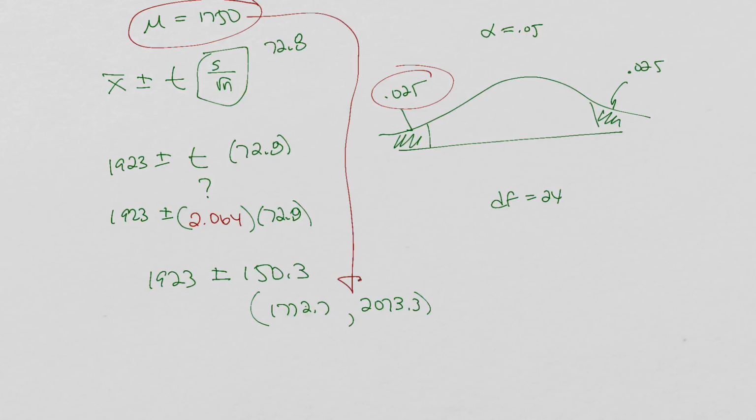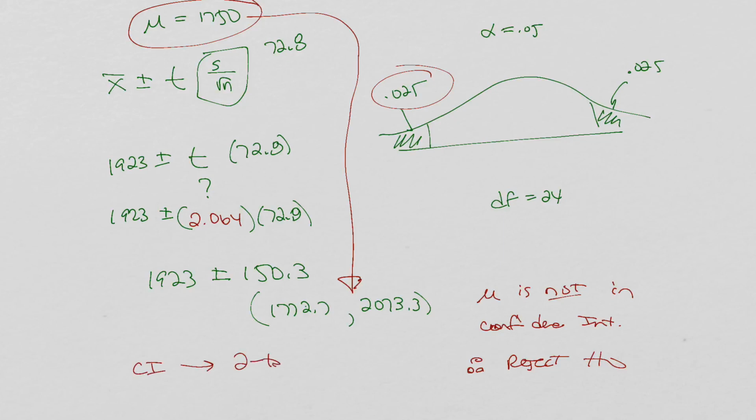If you look at our confidence interval, mu is not in the confidence interval, which tells me to reject H naught, which we knew we were going to do anyway. Remember, the confidence interval is only valid for a two-tailed test, so make sure you only use it at that point.